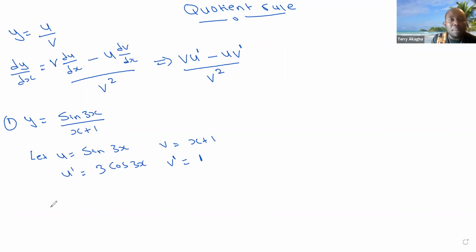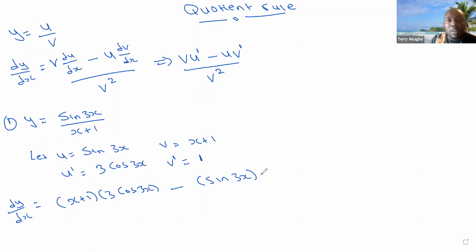So we're going to put it in the formula now. We have dy over dx is going to be equal to the v, which is x plus 1, times the u prime, which is 3 cos 3x, minus the u, which is sine 3x, times the v prime, which is 1, divided by v squared, and that'll be x plus 1 all squared.